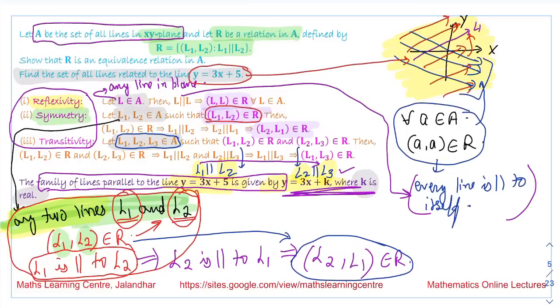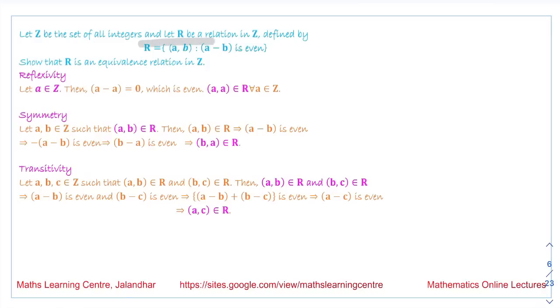Next we have, let Z be the set of all integers and R be a relation in Z, defined as R = {(a, b) such that a - b is even}. We have to prove that this is an equivalence relation. The first thing we have to prove is that it is reflexive.